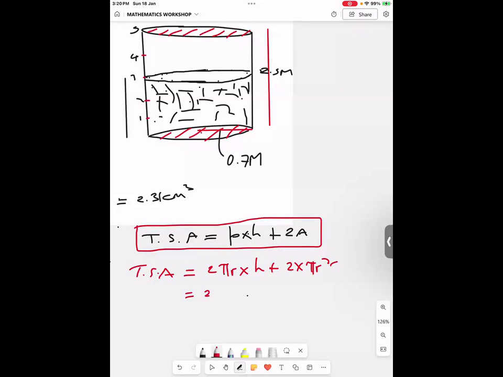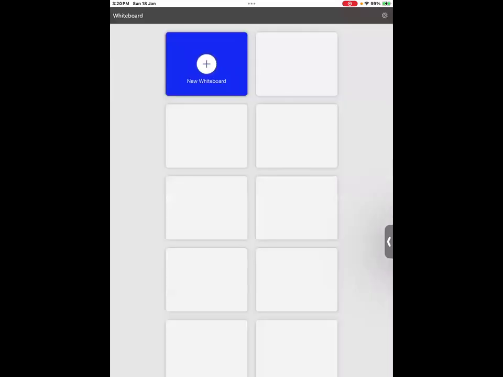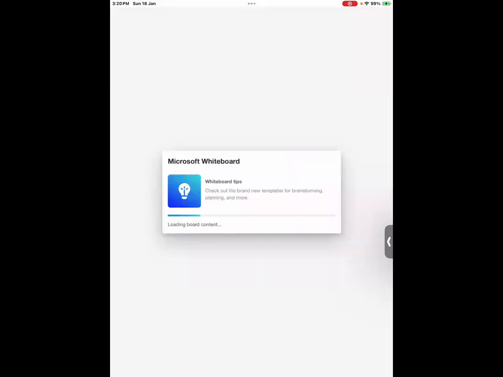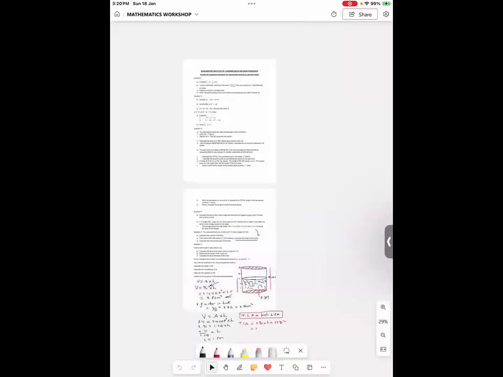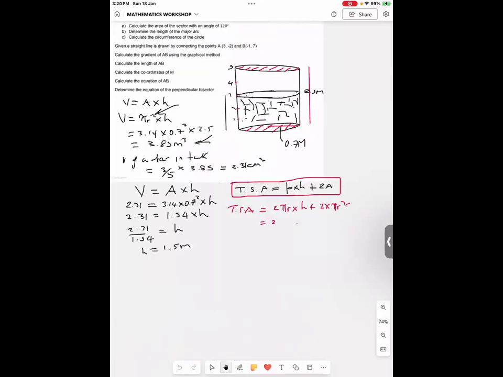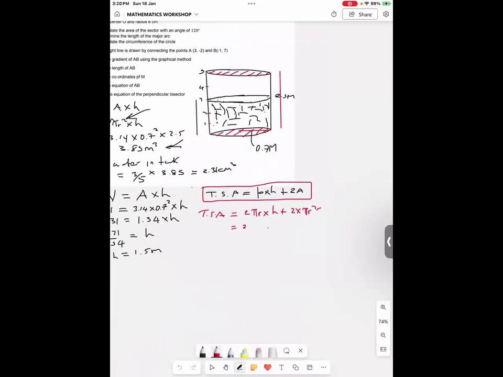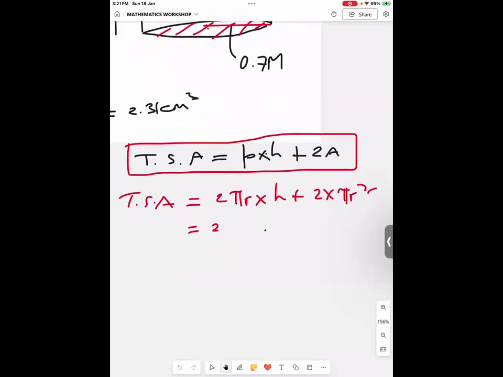All right, so it's going to be 2 times 3.14 times the radius, which is 0.7, times the height, which is 2.5, in a bracket.